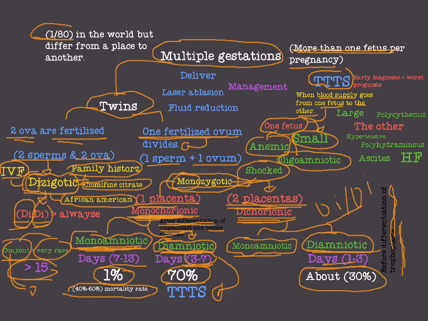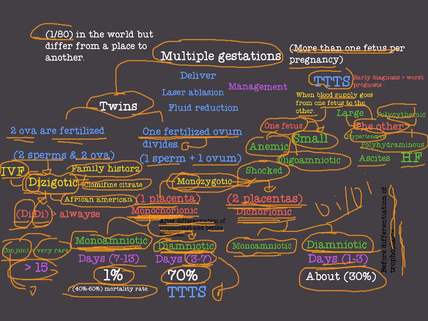But the other baby or the recipient will be a large baby, polycythemic, okay, hypertensive, polyhydramnic, okay, with a fluid collection in his body, ascites, and heart failure.